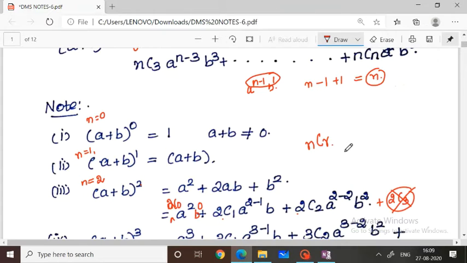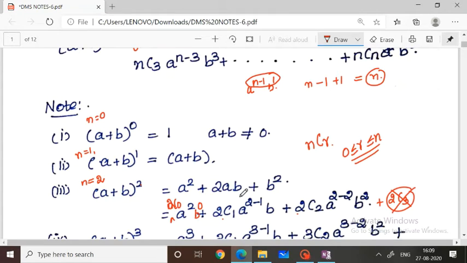That means the r value should always be greater than or equal to 0, but less than or equal to n. The r value can be equal to n or less than n. It should never be greater than n.